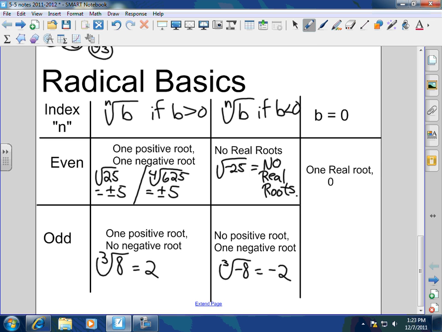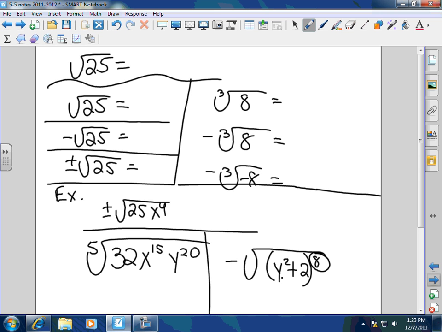Let us continue then. If I just give you the straight up square root of 25, we know that officially the square root of 25 is plus or minus 5. Sometimes though, they're just going to ask you for specific roots.